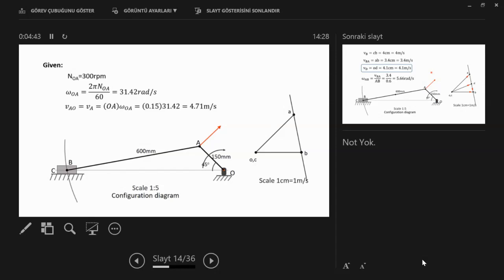We also use a scale here, and we said 1 centimeter is 1 meter per second for the speed, velocity. So we know the magnitude and the direction of VA.